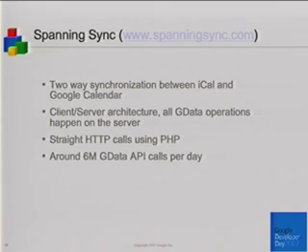Spanning Sync is something Alan mentioned this morning. This is for Mac iCal integration. This is one of the more popular applications, through which we are seeing a lot of traffic. Another cool application is mobile GCal.